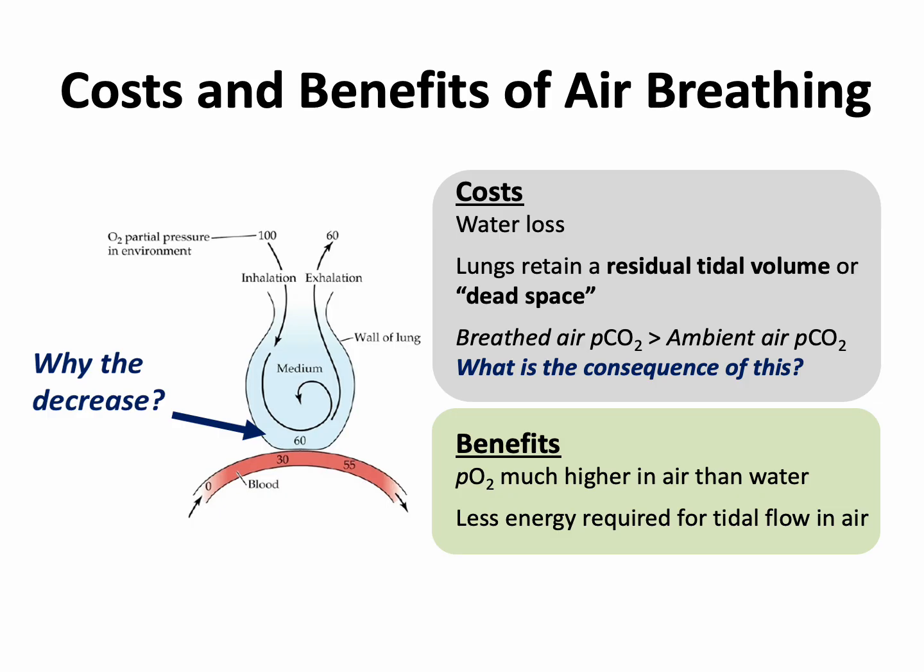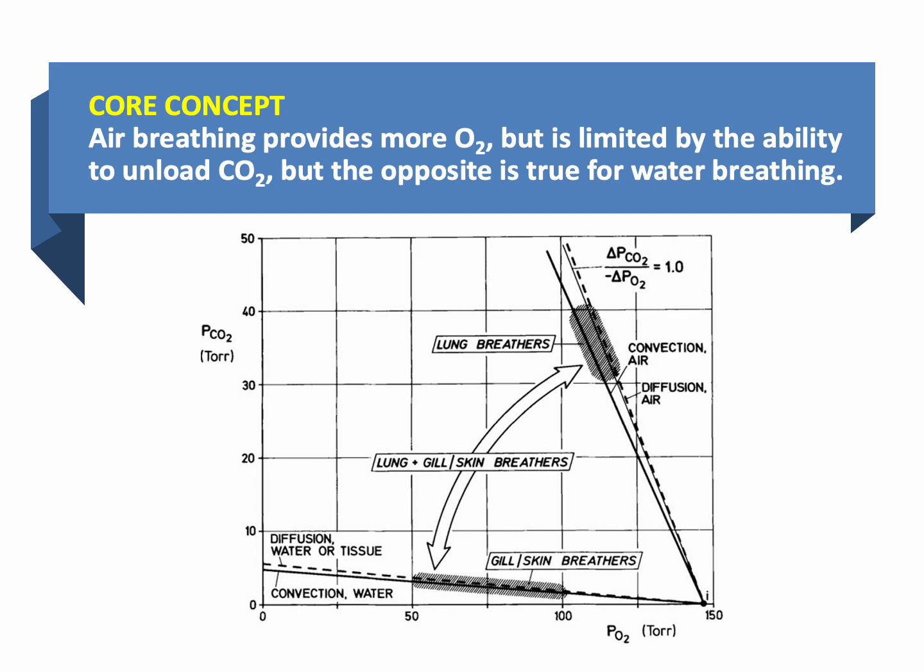So there's benefits to air breathing, of course, but there are some costs as well. This sets up a big issue. Air breathers get more oxygen and have no problem doing that, but they have a hard time getting rid of their CO2. So they load oxygen easily, but unload CO2 with difficulty.